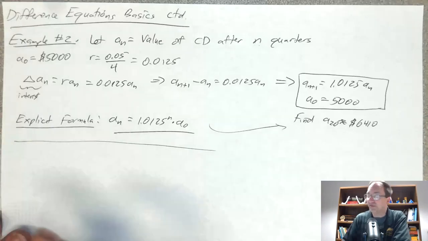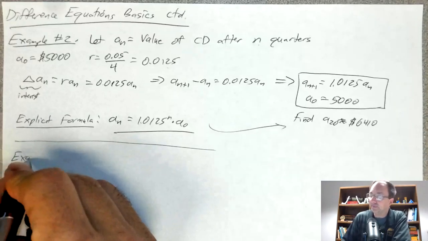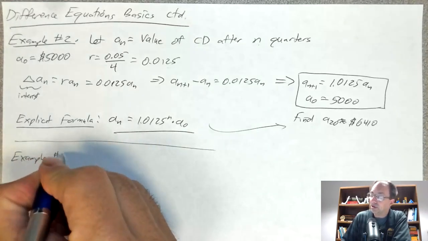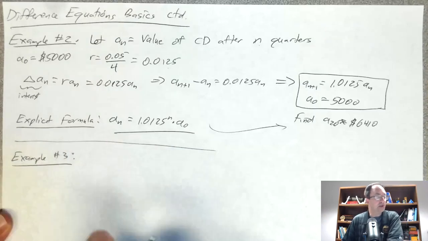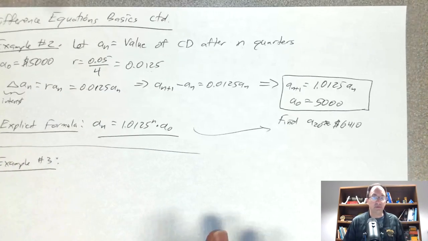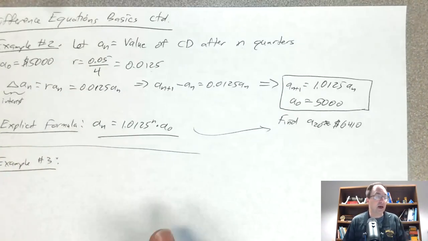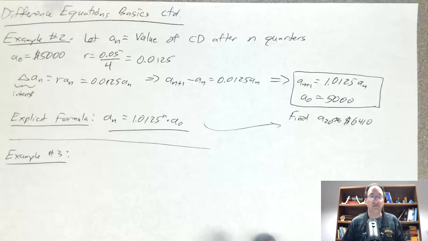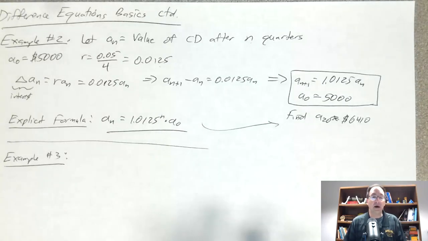Let's take an even more sophisticated example. In this example, we're going to assume that we have a savings account still. Now we only start with $1,000, a lower interest rate of only 3%, but now we're investing another $100 every month. And this account is compounded monthly.